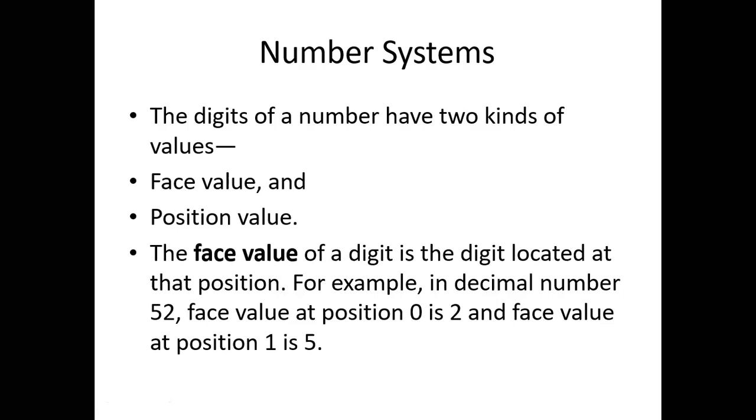For example, in a number like 52, the face value in position 0 is 2, the digit in that particular position. In position 1, the digit we can see is 5.